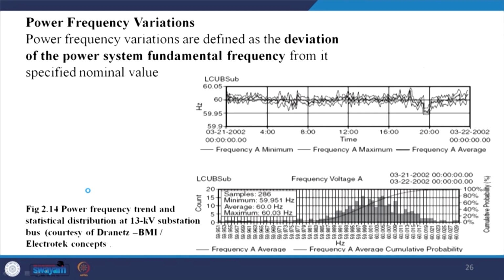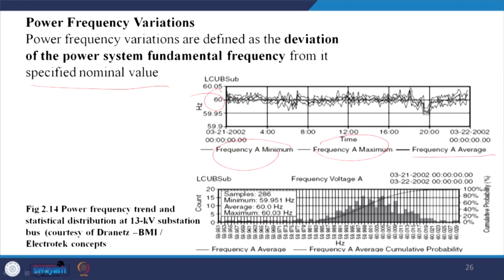Now, power frequency variations are defined as a deviation of the power system fundamental frequency from its specified nominal value. This is the minimum frequency, this is the maximum frequency and this is the average frequency. We have considered a US system, so there is a 60 hertz nominal.